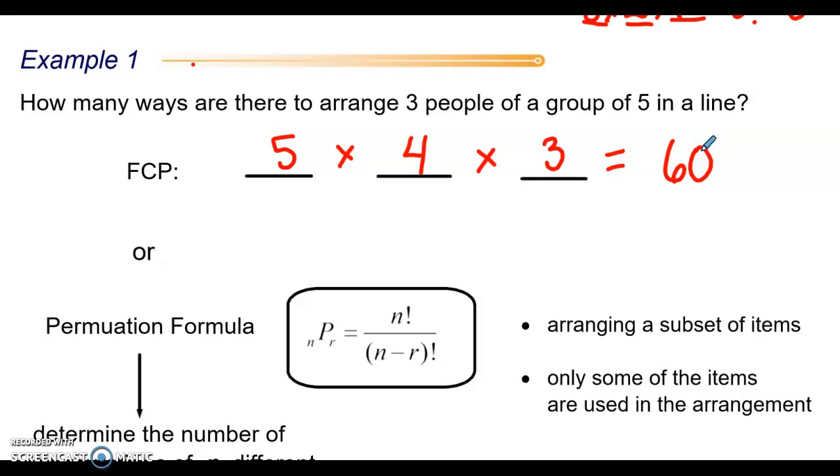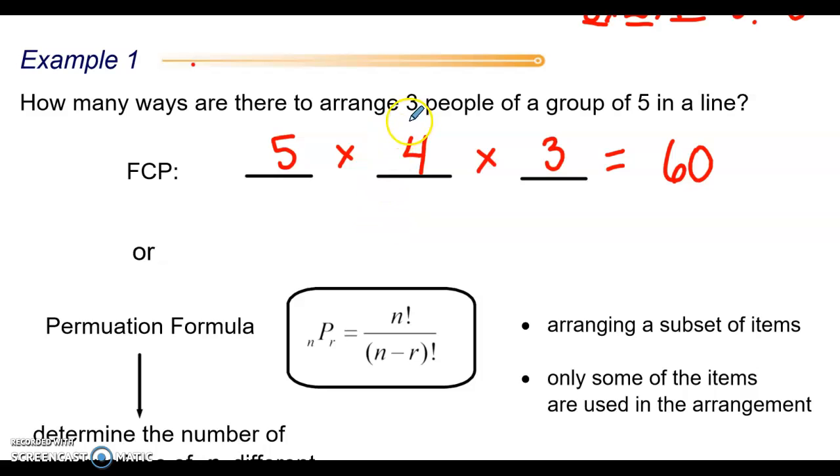So now we're moving into the permutation formula. There's another way to consider this example. So permutation, nPr: n is the number of objects we can choose from, and r is the number that we choose.